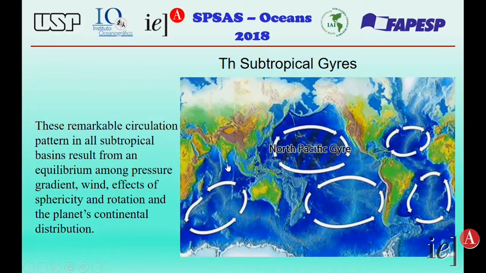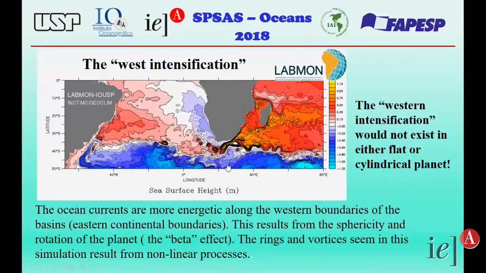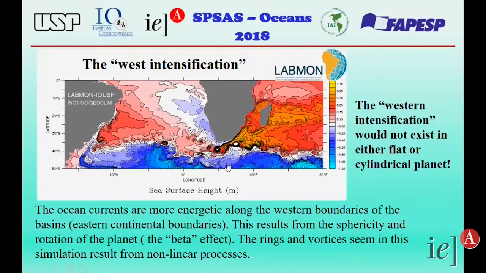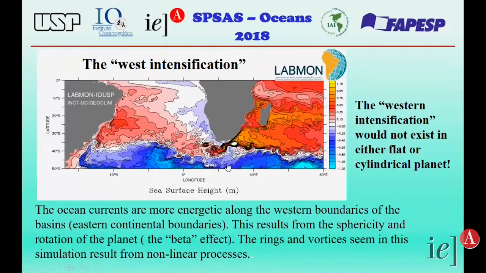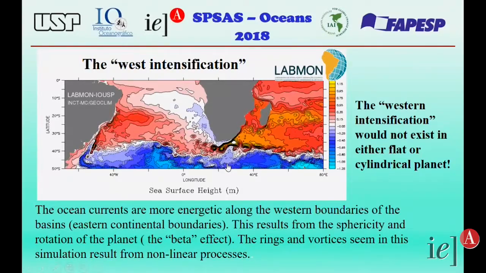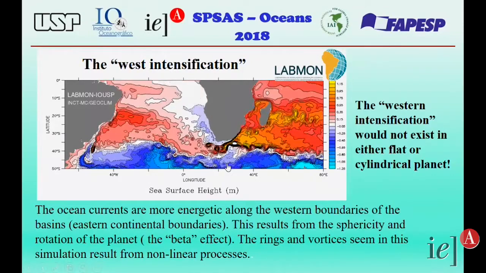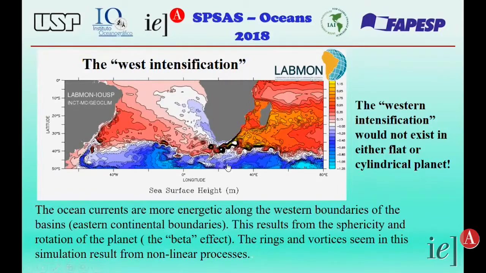But in reality, things are a little bit different. And this is a computer simulation of the circulation in the Indian Ocean and the South Atlantic. The colors represent the sea level height above average.